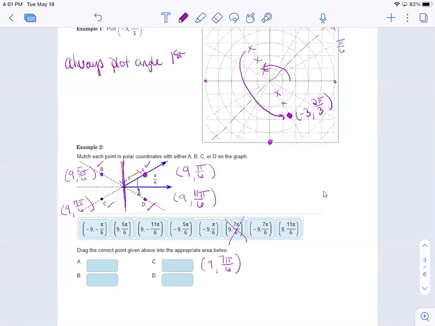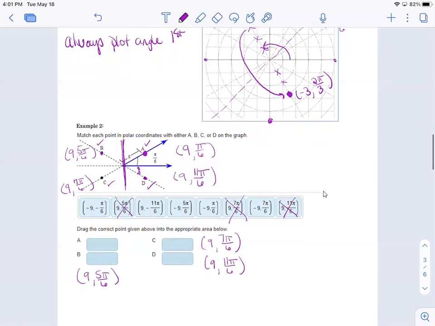It looks like D, right? We said it was 9, 11 pi over 6. And then all the other ones, oh, it does look like I can do B as well. Here's 9, 5 pi over 6. You will be dragging these coordinates to where A, B, C, and D are.